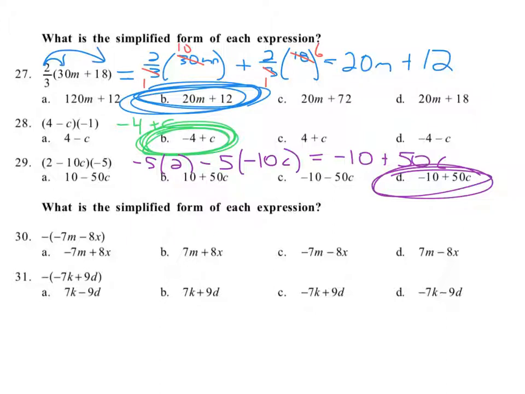Since you don't see a number there, all that's going to do is change the sign of everything. So from -7m to +7m. From -8x to +8x. And then that's what you get. You get 7m plus 8x. Where do we see that? Right there.